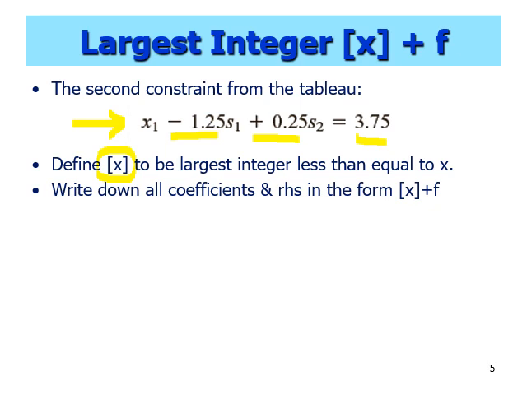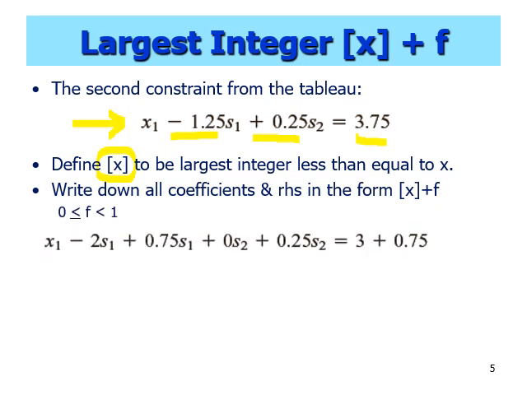We are going to write down all coefficients and the right-hand side in the form of x in the bracket plus f. What does this mean? We're translating the second constraint in the optimal table into this form. So let's start. 1 times x1: 1 is already an integer, so we do nothing.